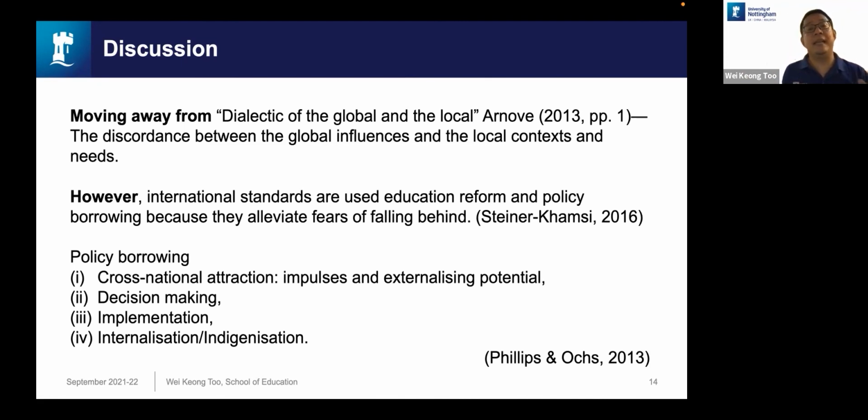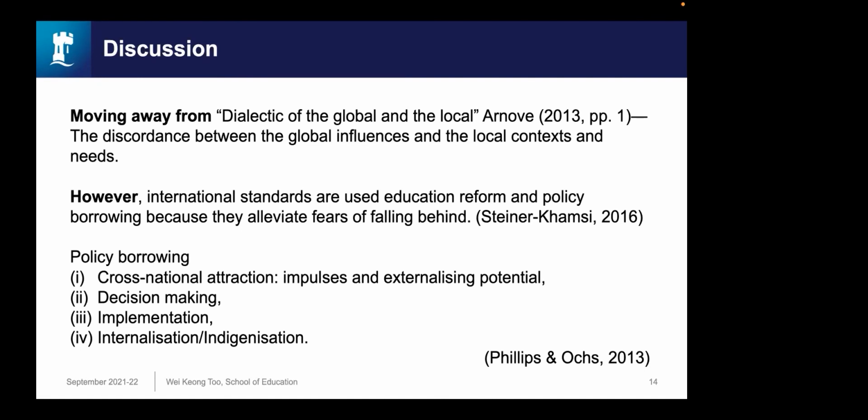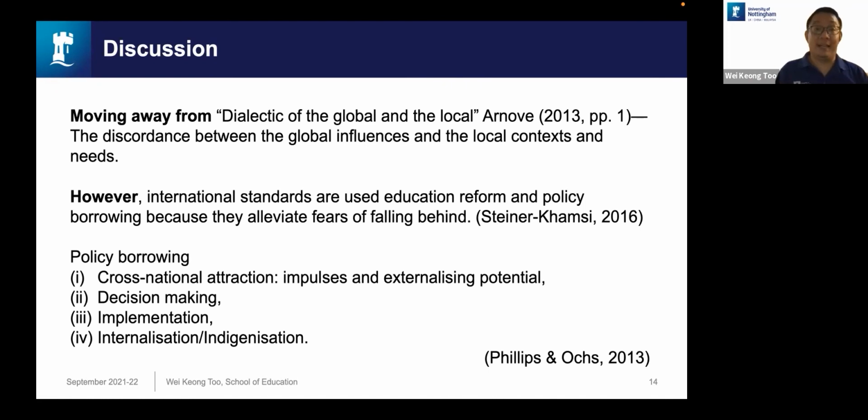What does it mean? It means that there is a discordance between global influence and local context. Right now, what most countries do is they recognize that globalization is there and they want to embrace it, but they do it their own way.